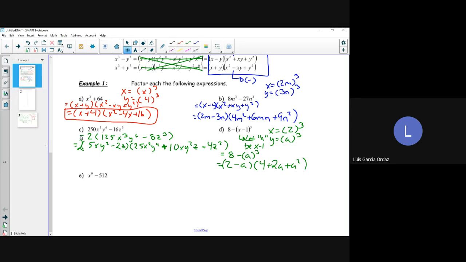So what is left for us to do in this question? Do we just leave the a's there, or do we have to do something with them? So we're going to sub x minus 1 back into a.